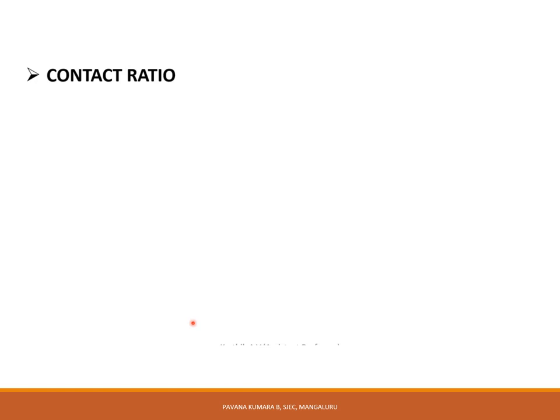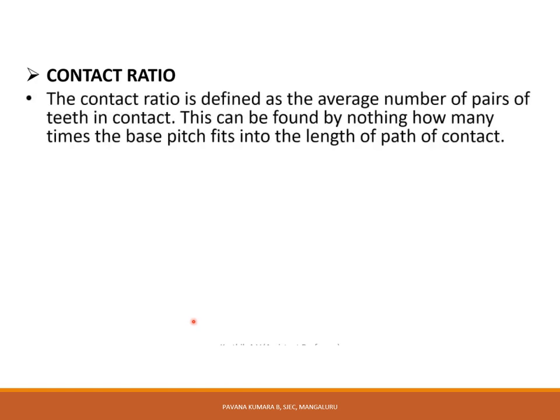Next we'll see the contact ratio. Contact ratio is defined as the average number of pairs of teeth in contact at a time. This can be found by how many times the base pitch fits into the length of path of contact.